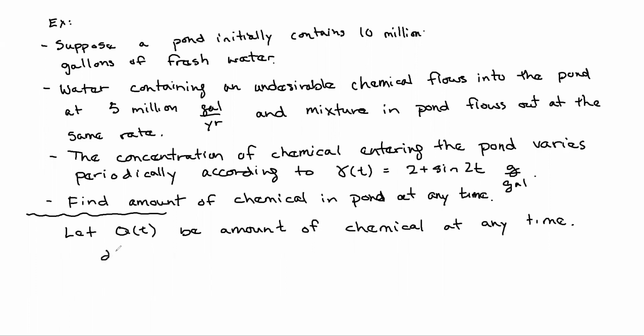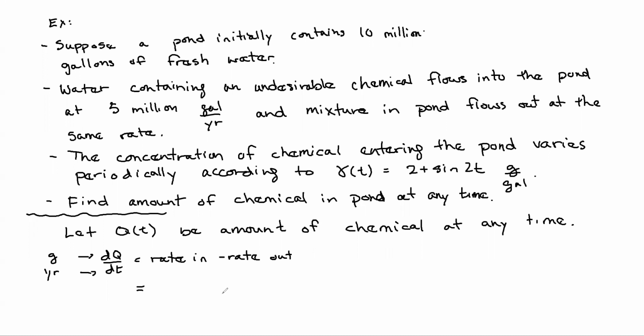Then dQ/dt will be the rate in minus the rate out. We know that we want the numerator to be grams, since the amount is in terms of grams. And the denominator here is time. The time in the problem is given in years. So we want grams over years when we substitute into this.